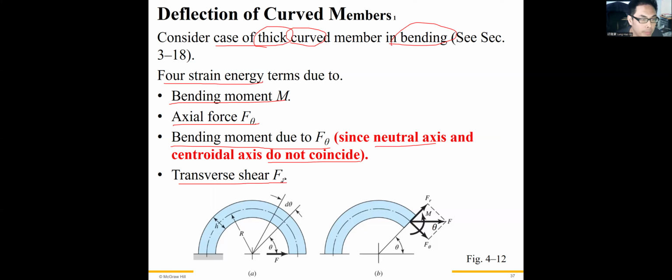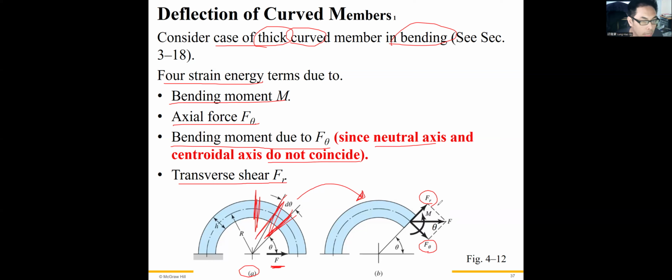Okay, transverse shear. Suppose we have a thick curved beam with an external force applied to it. If we cut through any cross section, the force can move to the centroid axis of this cross section, and this force can be separated into the axial direction and the radial direction.